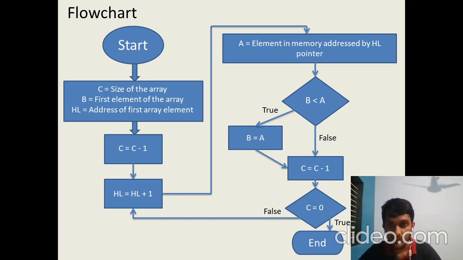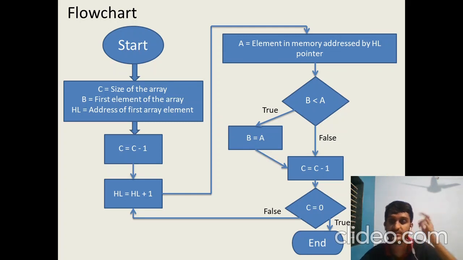For our purpose, I have used the B register. At first we will store the first element of the array. Then, in order to access the elements of the array, we will be using the HL register pair.